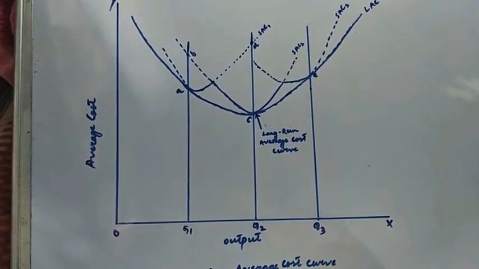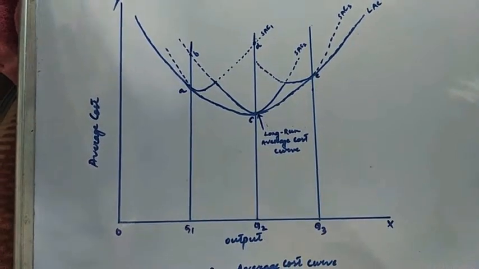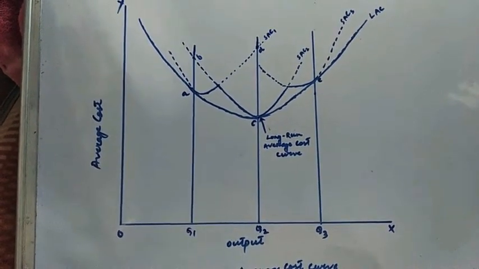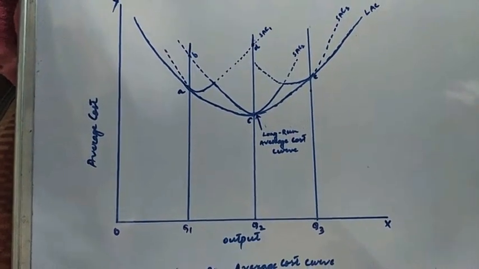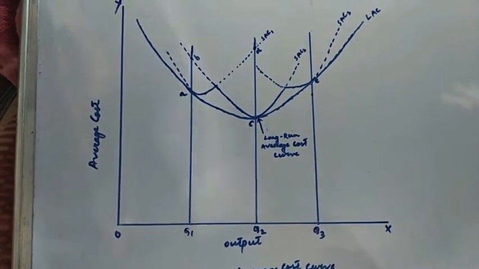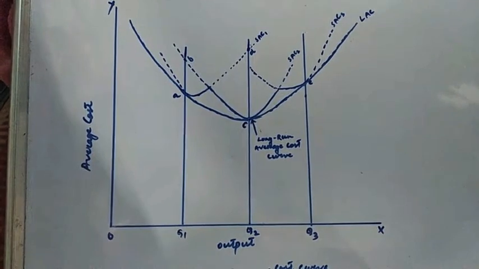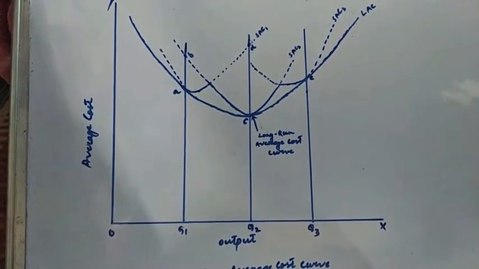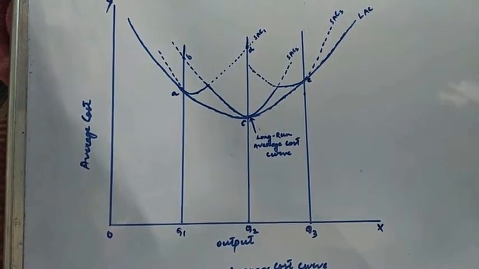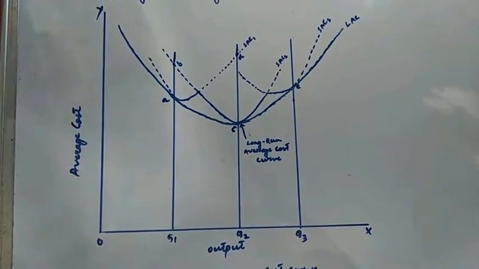So the long run production function has, therefore, no fixed factors, and the firm has no fixed costs in the long run.